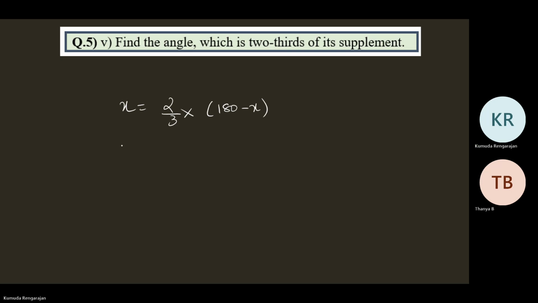Correct. So x is equal to 2 into 180 minus x in the numerator divided by 3. Cross multiplying, 3x is equal to 2 into 180, 360. 2 into minus x, minus 2x. Continue from here.